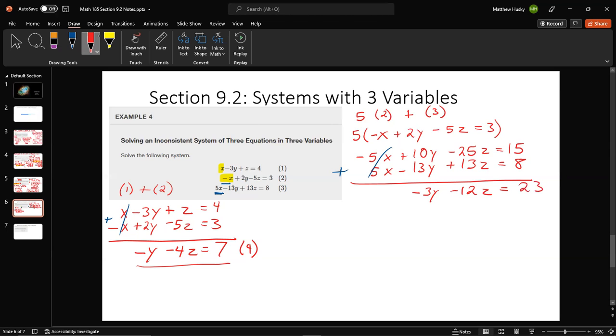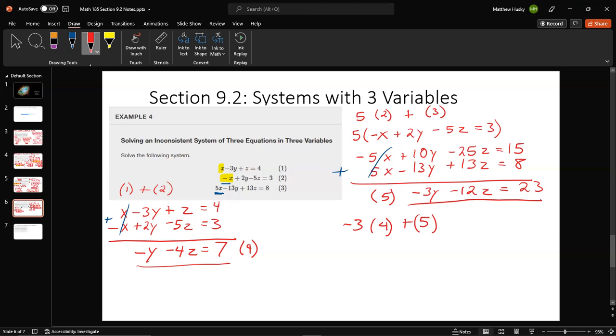So this we will call equation number 5. So what I can then do, this is a negative 3y. We would like to have a positive 3y to go with it. So why don't we take negative 3 times equation 4 and then add equation 5.